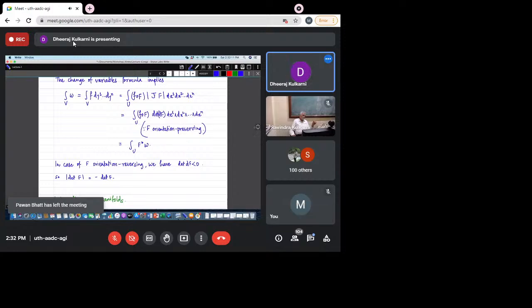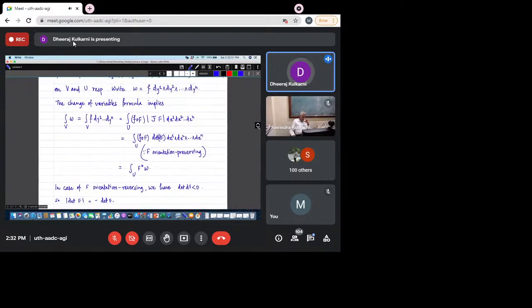So whenever you have a change of coordinates that is orientation preserving, the change of coordinate formula is just telling us that the integral of an n form on domain V is the same as the integral of the pullback form on domain U.